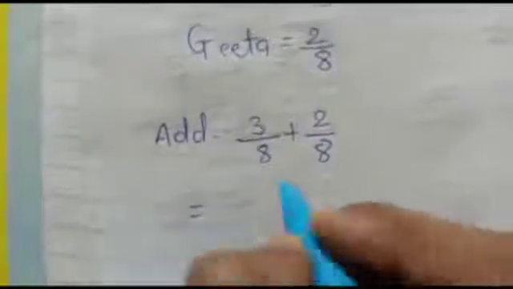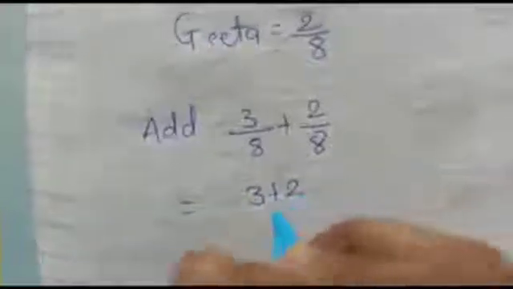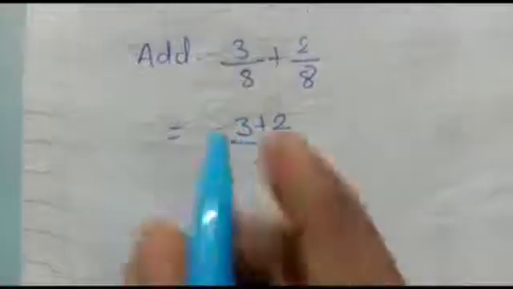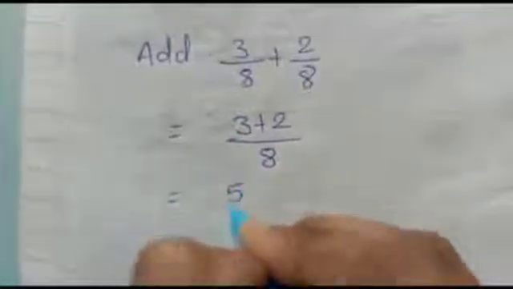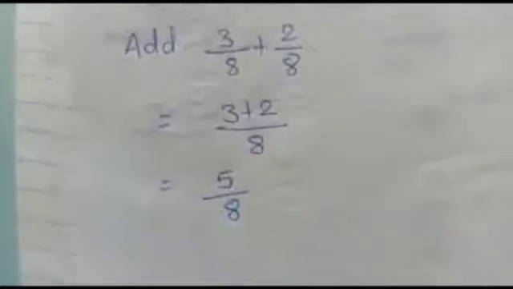Next step is that 3 plus 2 upon 8. 8 will be the common denominator, 3 plus 2. So that is equal to 5 upon 8. Okay.